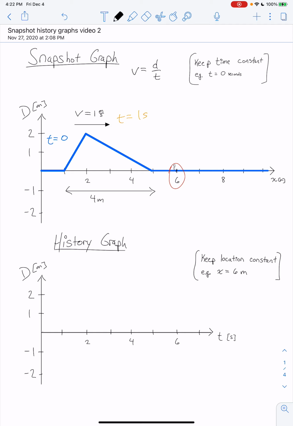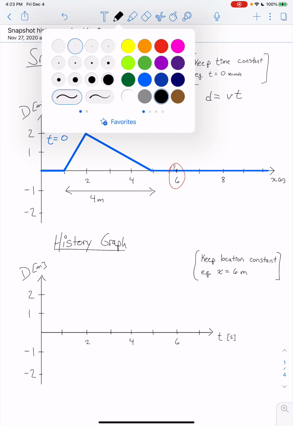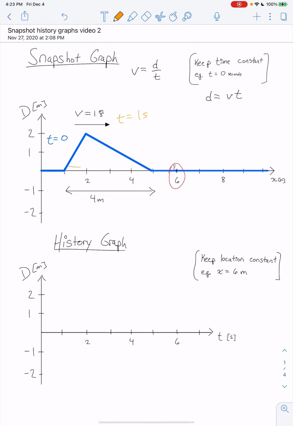So in this case, in 1 second, how far does the wave get? What distance does it cover at 1 meter per second? In 1 second, it covers 1 meter. So the whole thing is going to move by 1 meter.